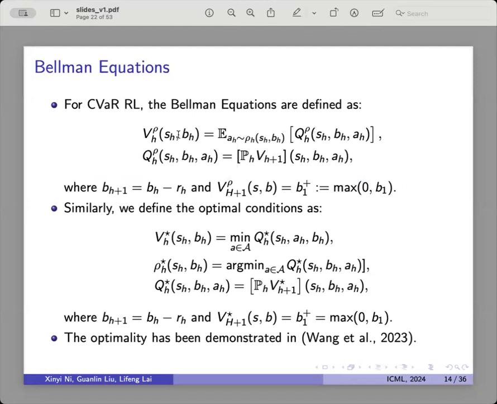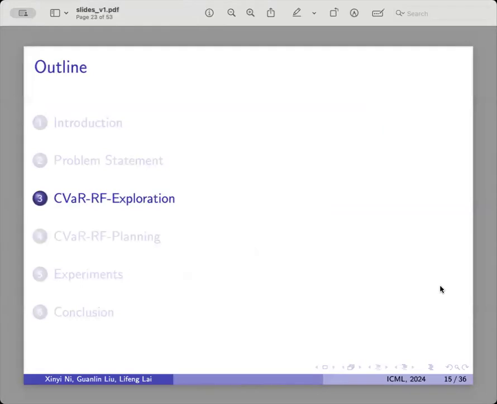So you may not see the reward directly in the equations of V and Q, but actually the reward function affects the update of B, which further impacts the values of V and Q. One thing we need to notice is that the optimality has been demonstrated in this work.